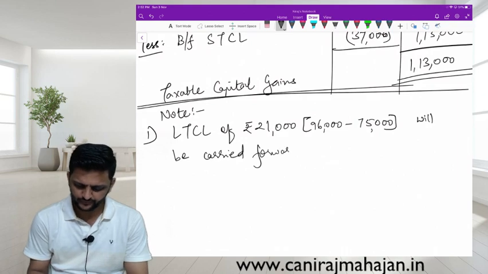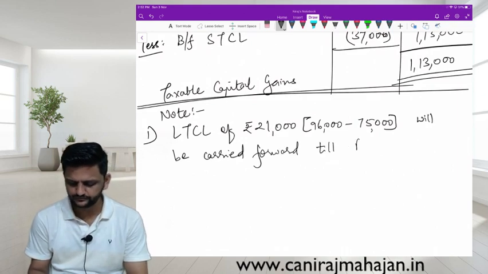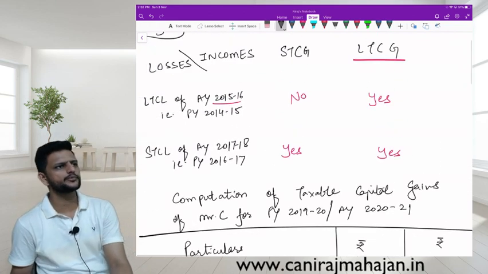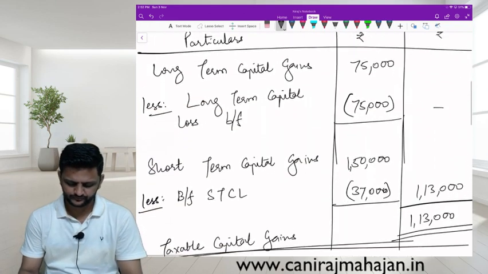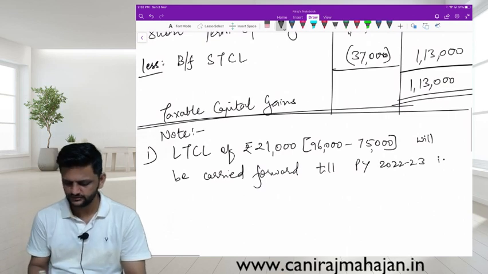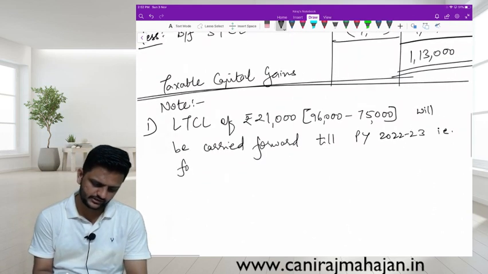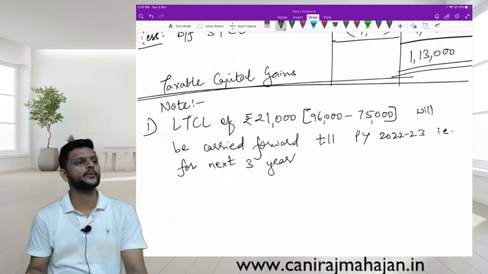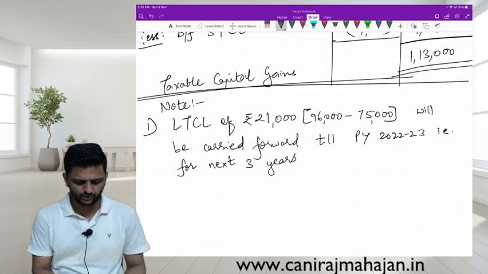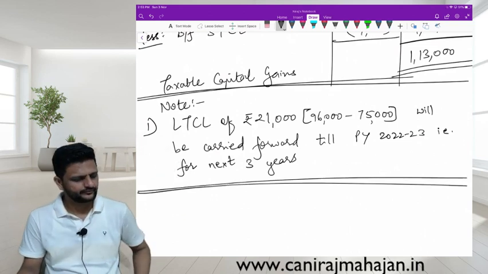Till when? Till 2022-23? Yes. The loss from 2014-15 goes up to 2022-23, the next 3 years. We are in 2019-20, so 21, 22, 23. It will be carried forward for 3 years. Right?